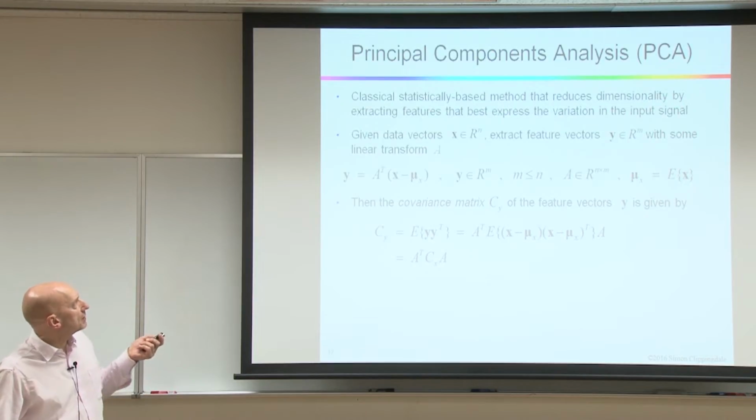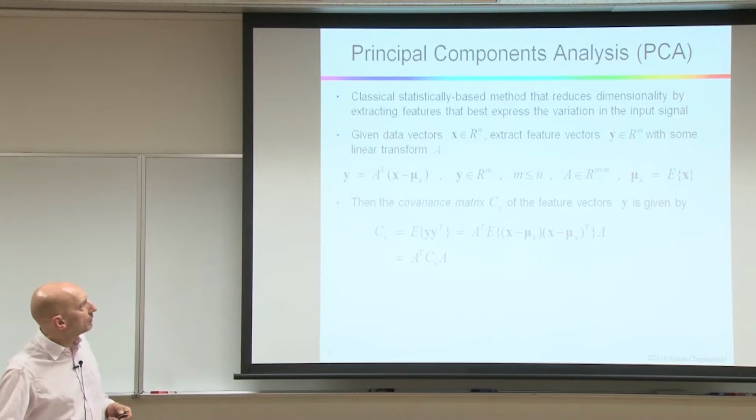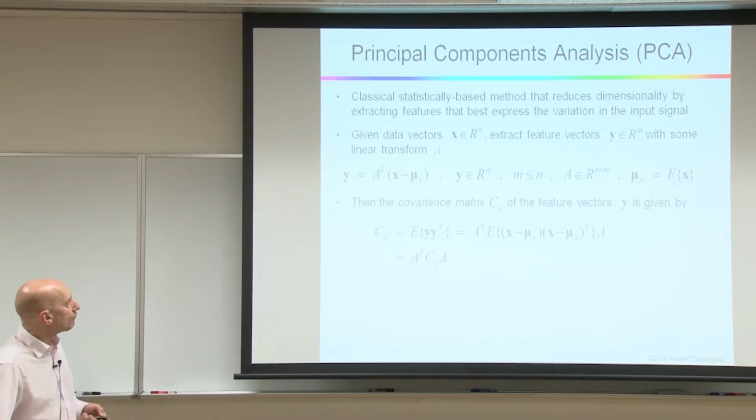So PCA is a classical statistically based method. The idea is to reduce the dimensionality of your signal by extracting features that best express the variation in the signal.